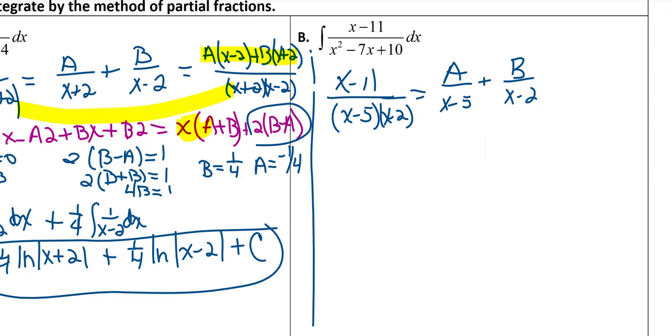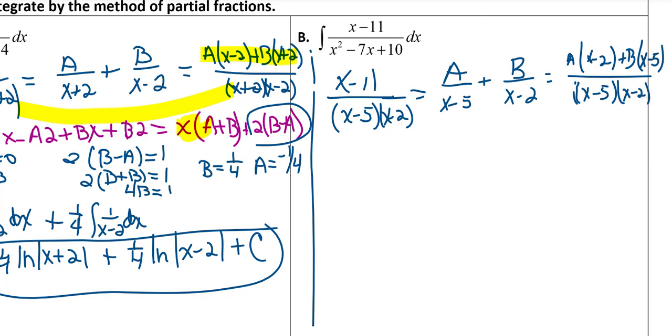So what I have here then is A times (x minus 2) plus B times (x minus 5), and that's all over (x minus 5) times (x minus 2).